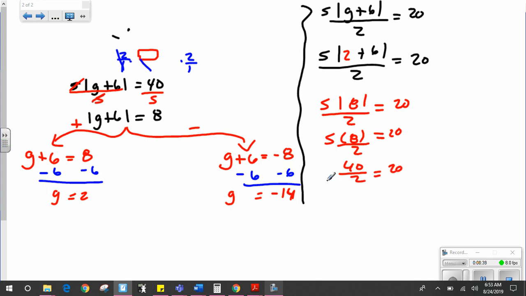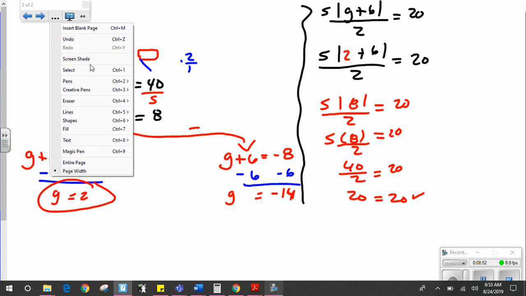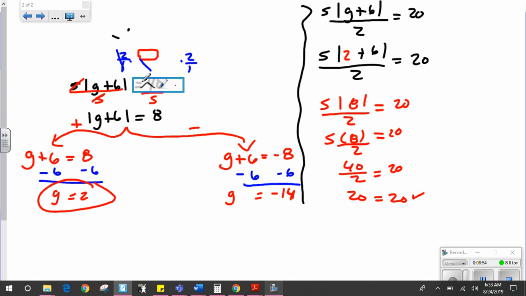And then 40 divided by 2 is 20. So we definitely know that 2 is a solution. You would repeat the process, testing to see if negative 14 is a solution.